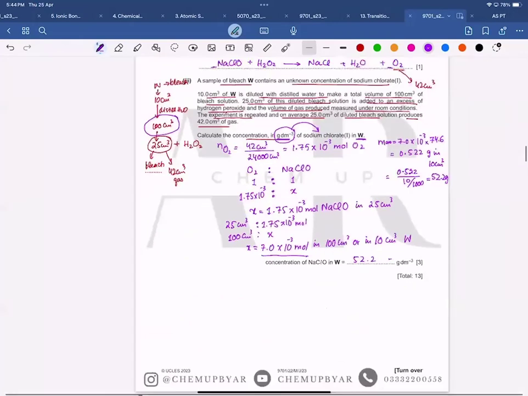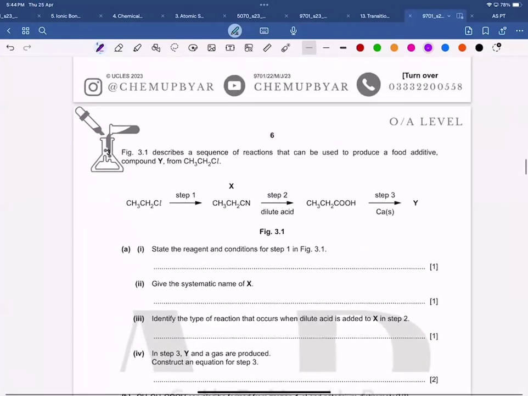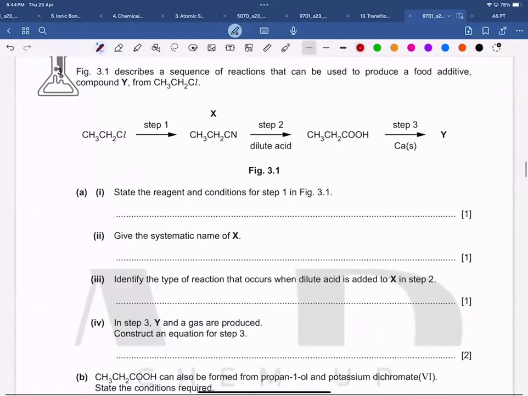Okay, we are done with question number 2. Now, question number 3. Figure 3.1 describes a sequence of reactions that can be used to produce a food additive compound Y from chloroethane.